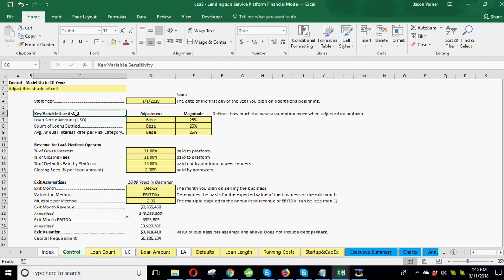Then we have these variables here for key sensitivities. I've picked three variables that you can adjust: the loan settle amount, the count of loans settled, and the average annual interest rate per risk category. Based on you choosing low, base, or high, it's going to adjust, for example, loan settle amounts up or down 25%.